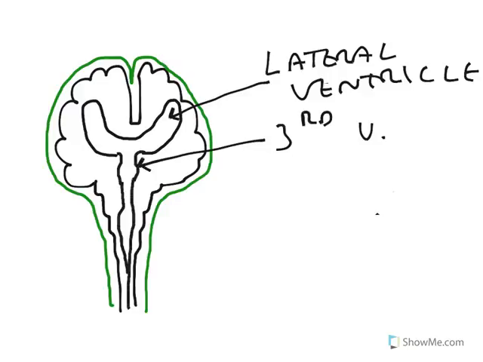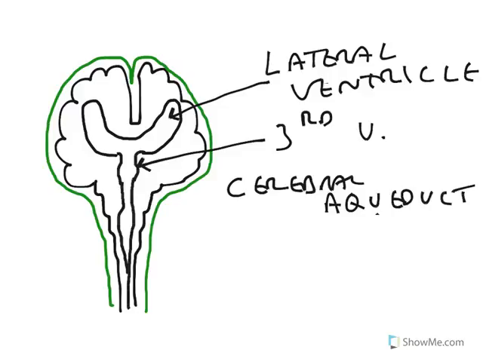You've only got one third ventricle. We've got what's known as the Cerebral Aqueduct. So that's that narrow channel connecting the third ventricle with the fourth ventricle.